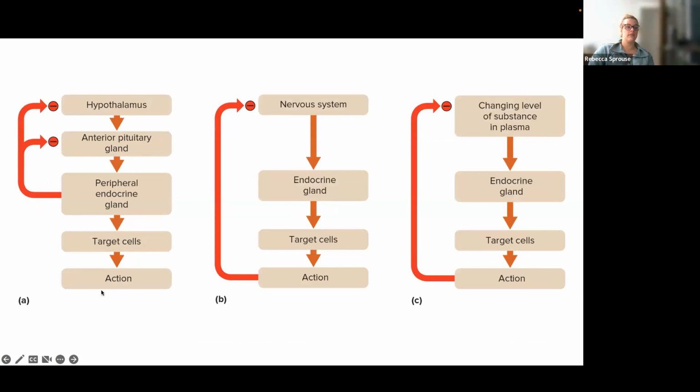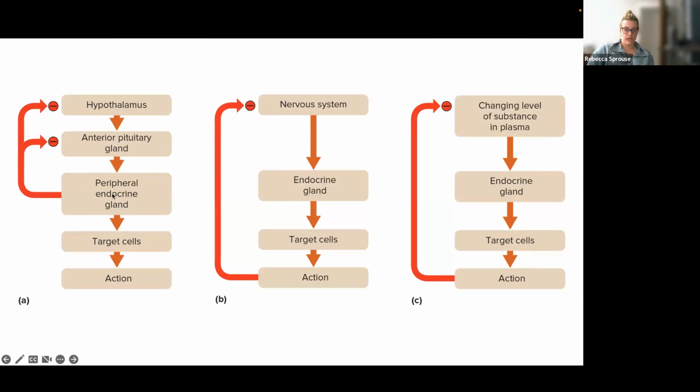So let's take the first example. We have the hypothalamus. The hypothalamus is always going to stimulate the anterior pituitary. And then the anterior pituitary is going to stimulate an endocrine gland somewhere else in the body, which is going to stimulate a target cell and do an action. Now, let's say that this hypothalamus is releasing a lot of hormone that tells the anterior pituitary gland to release a lot of hormone.